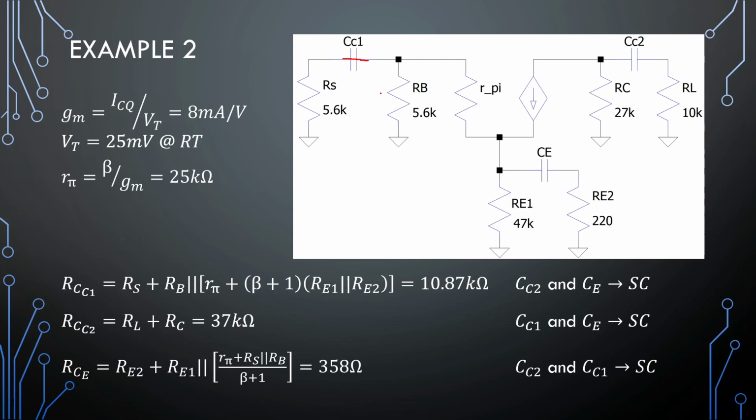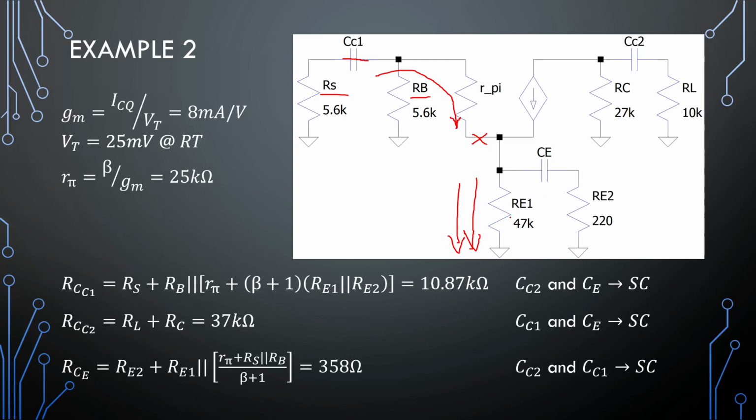So first thing we see is RS and RB in parallel, and this parallel combination is in series with R pi. They are viewed through the transistor, so they need to be divided by beta plus 1. And then this series combination is in parallel with RE1.